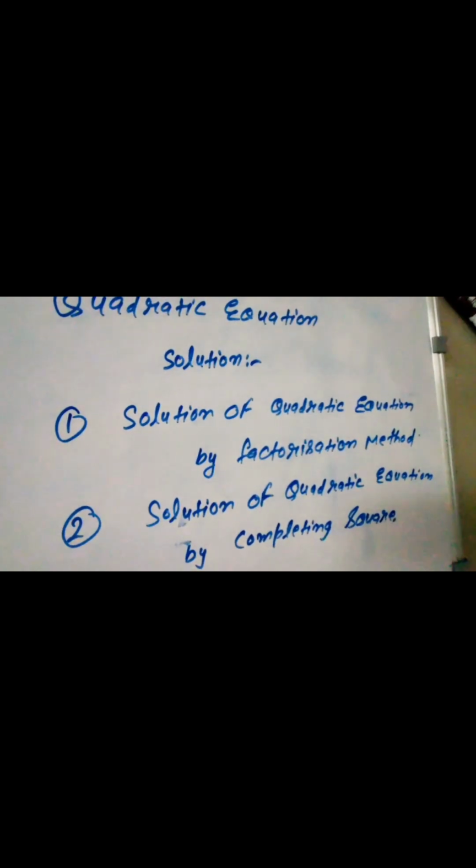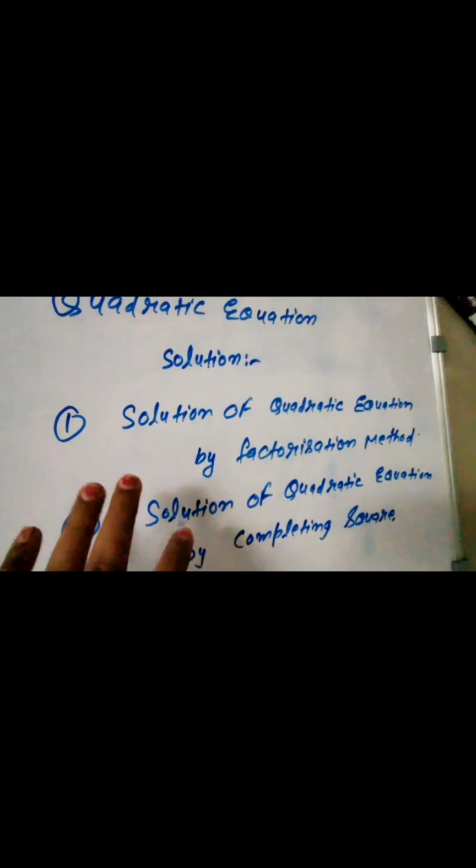Okay, a quadratic equation can be solved by two methods. First, solution of quadratic equation by factorization method. Second method is solution of quadratic equation by completing square. Now one by one I explain to you. First I explain solution of quadratic equation by factorization method.